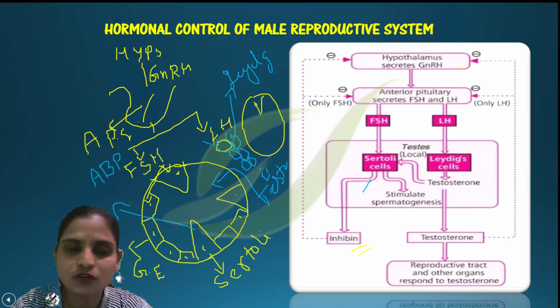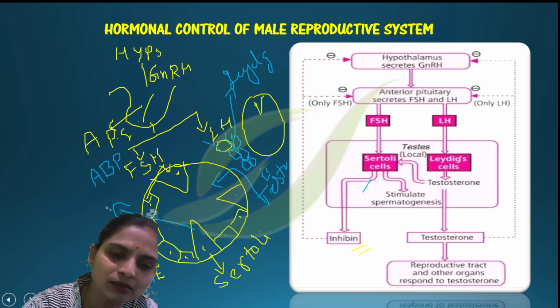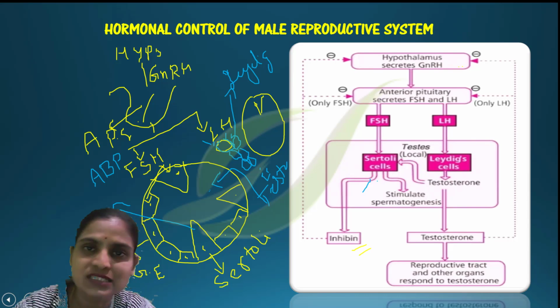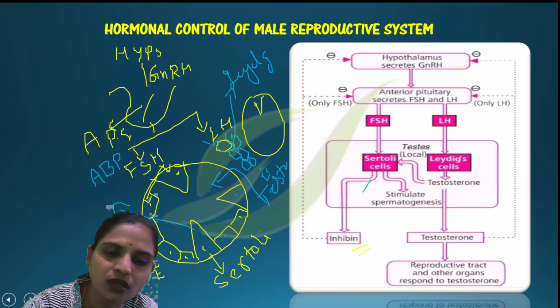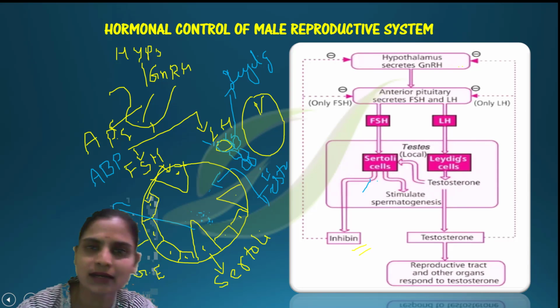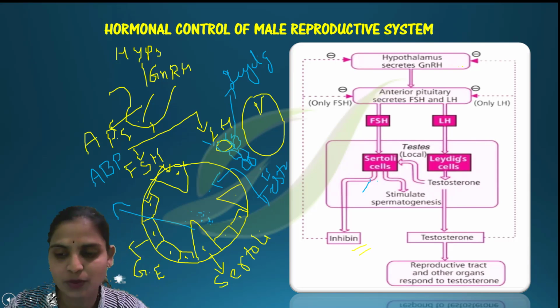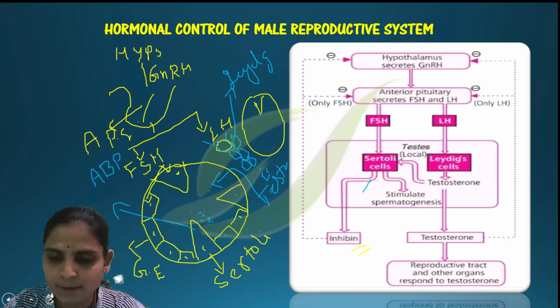The main function of this protein, ABP, androgen binding protein, is to bind the testosterone hormone that is entering into the seminiferous tubule, so that it indirectly helps in spermatogenesis.